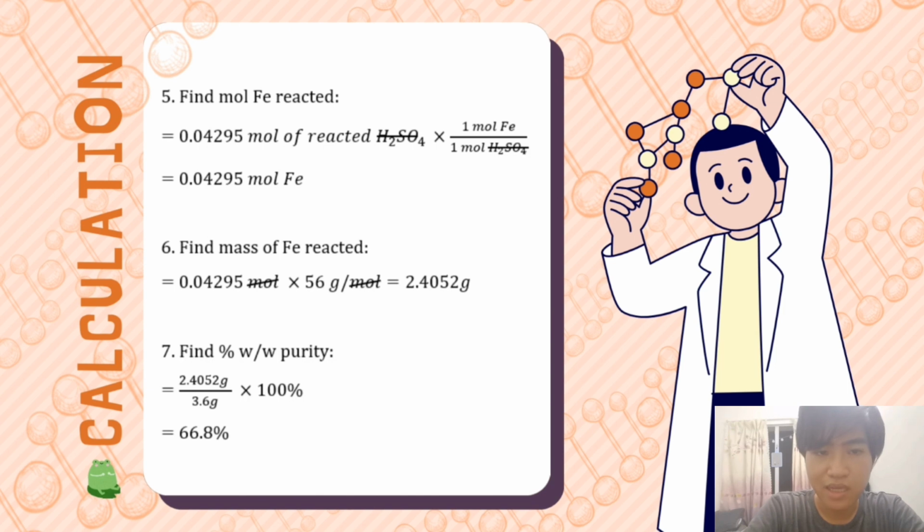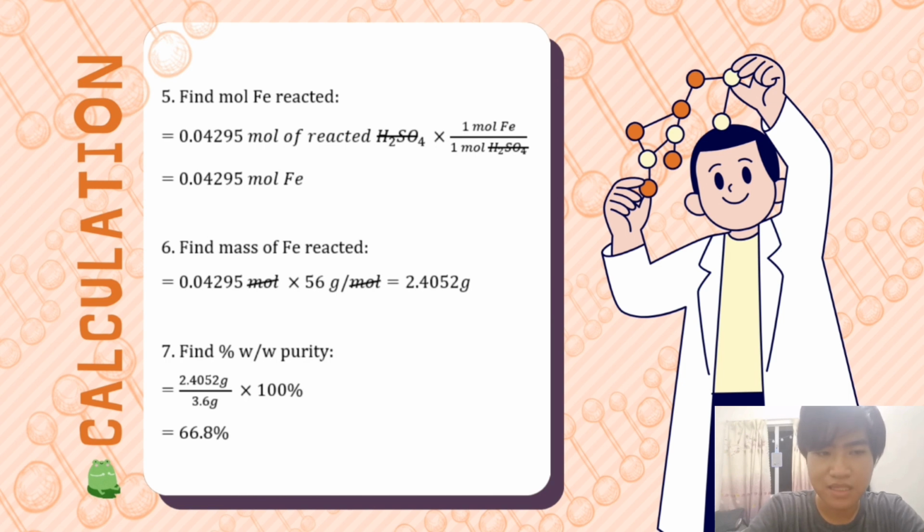at 0.04295 mole. Next, we can find the mass of iron reacted by using the formula mass equals molar mass times mole. The molar mass of iron is 56 grams per mole. As such, we multiply 0.04295 mole with 56 grams per mole to obtain the mass of iron, which is 2.4052 grams.